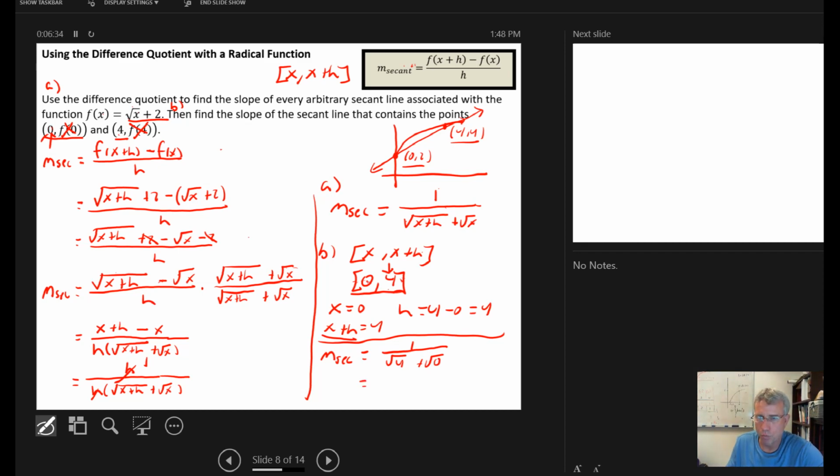So we wind up getting 1 over the square root of 4, which is 2, plus the square root of 0, which is 0, is just equal to 1/2. So the slope of the secant line through these 2 points is up 1 over 2, or 1/2.